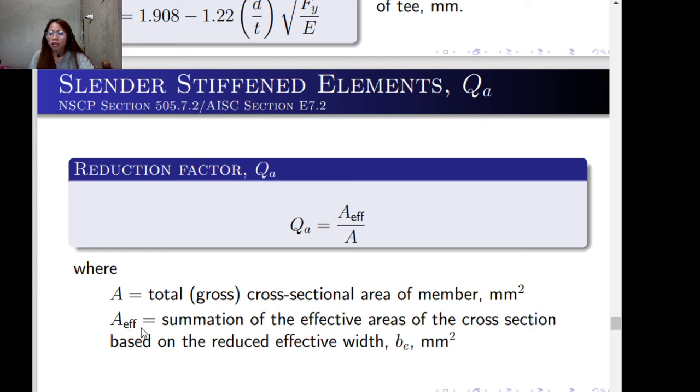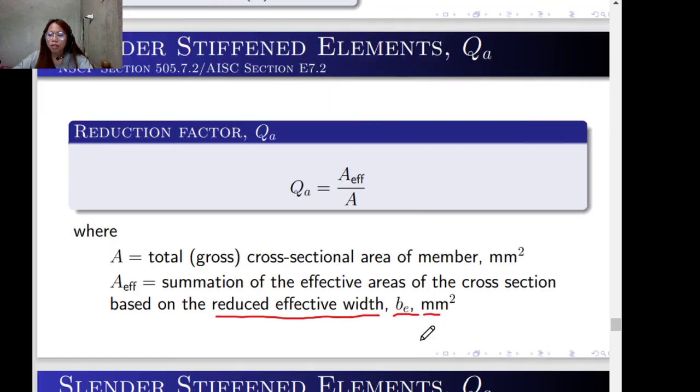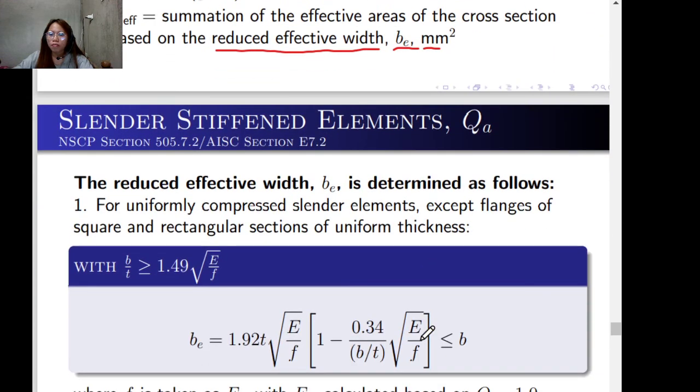A sub effective is equal to the summation of the effective areas of the cross-section based on the reduced width b sub e, in millimeter square. So the reduced b sub e can be computed also from NSCP section 505.7.2 or AISC section E7.2. The reduced effective width b sub e is determined as follows.